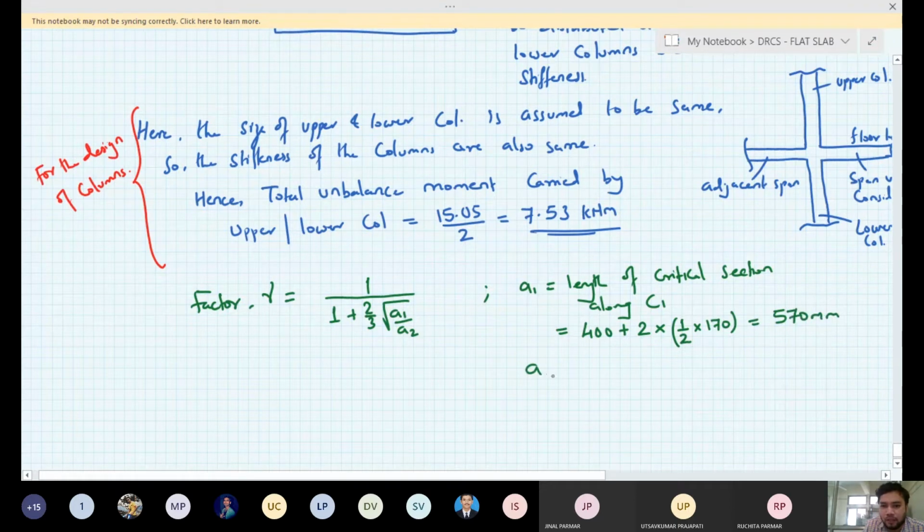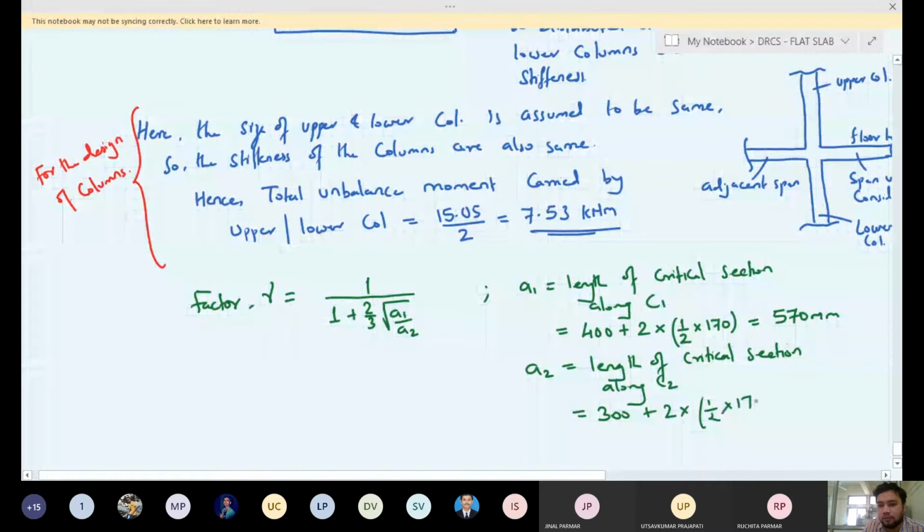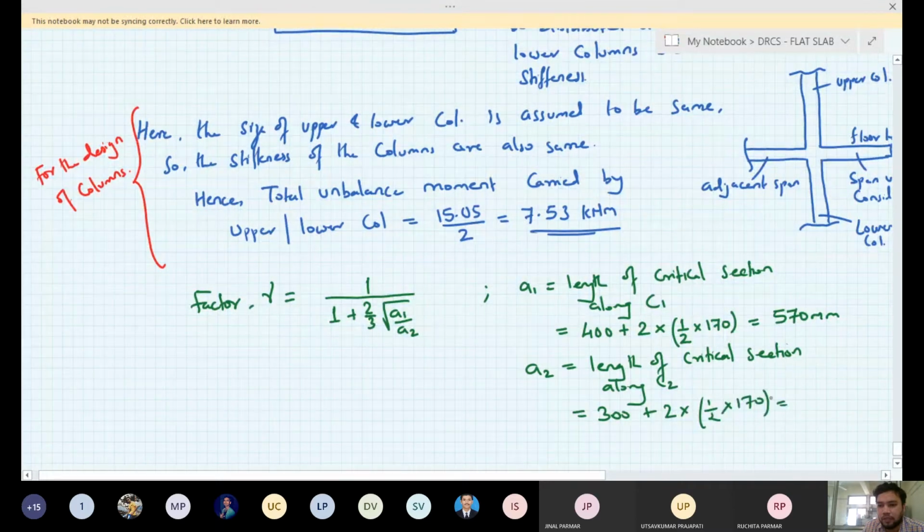Okay, same way the length of the critical section along C2, so it will be 300 plus same 2 into half of 170, so it will be 470.